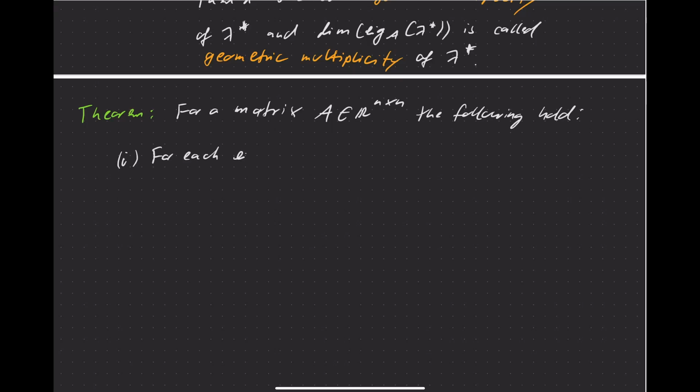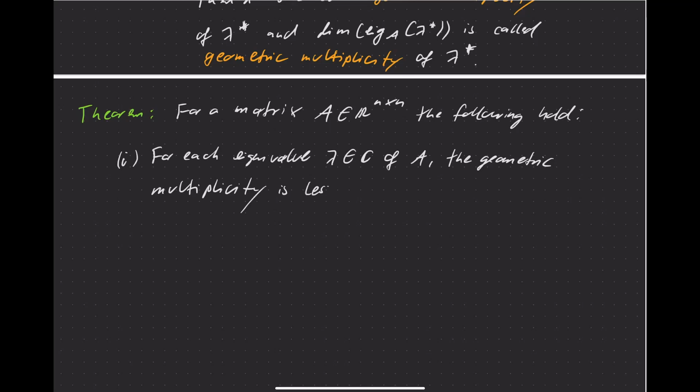Okay, for each eigenvalue lambda in C of A, the geometric multiplicity is less or equal to the algebraic multiplicity.